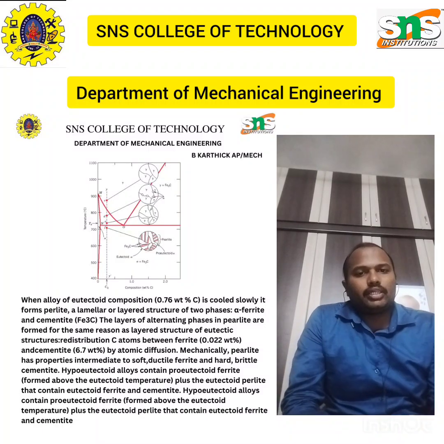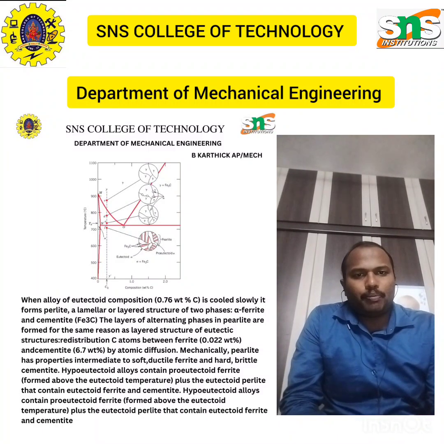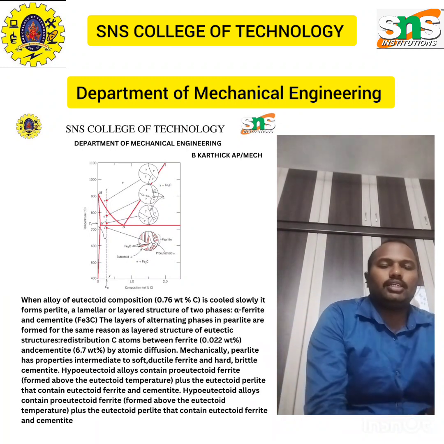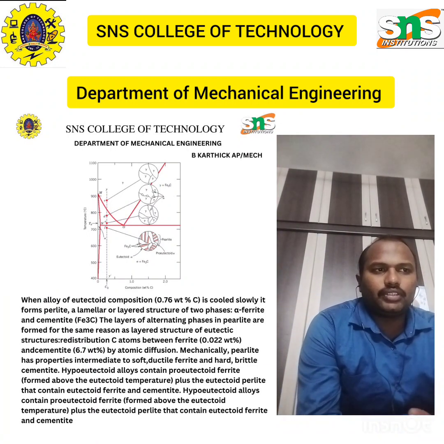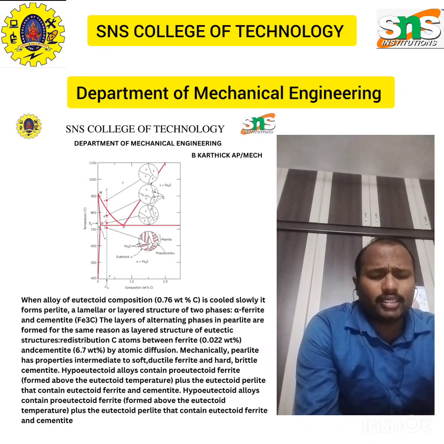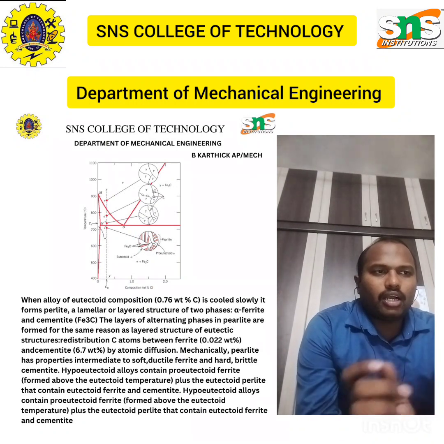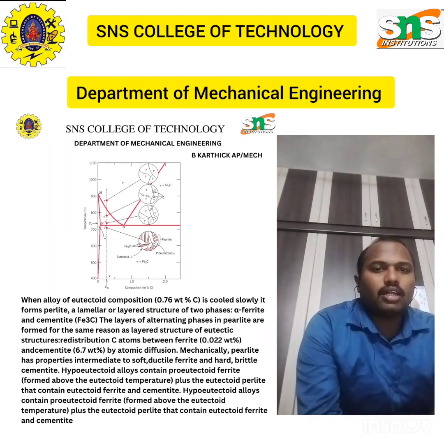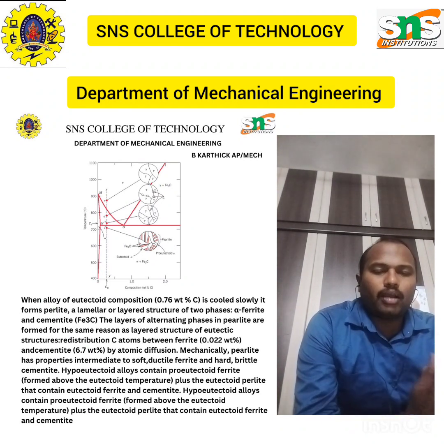Like the previous steel, this hyper-eutectoid steel has the formation of Fe3C, or cementite, or iron carbide, forming on the grain boundaries. So upon cooling, you can see on the grain boundaries the pro-eutectoid Fe3C will start to grow.